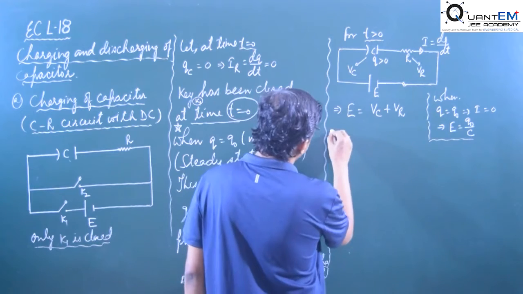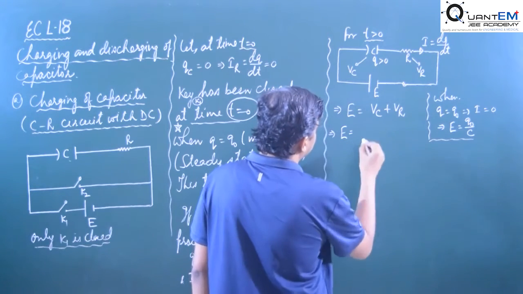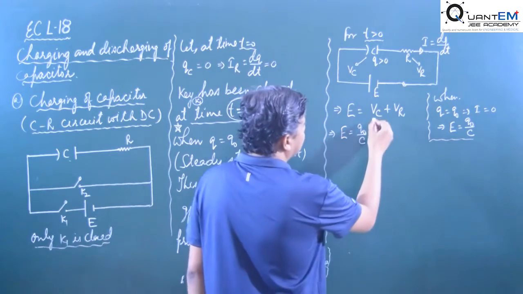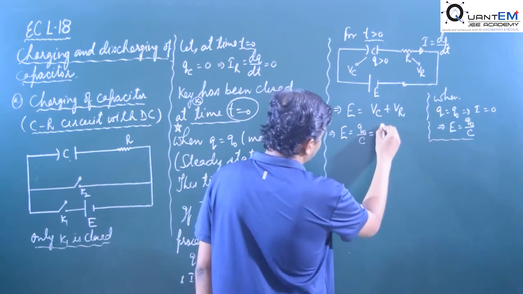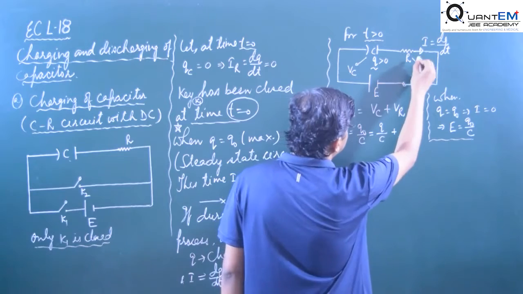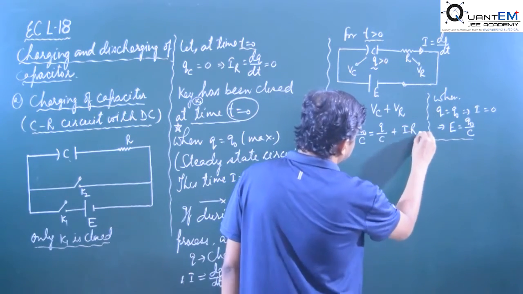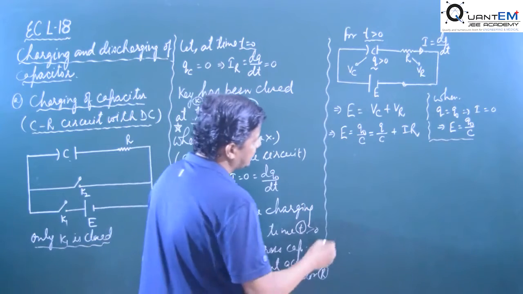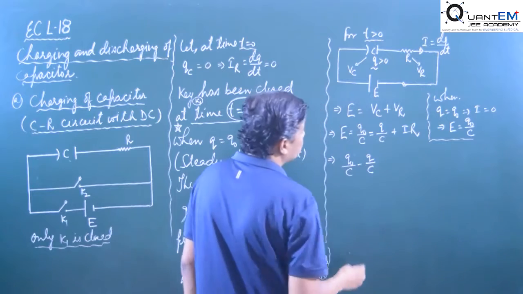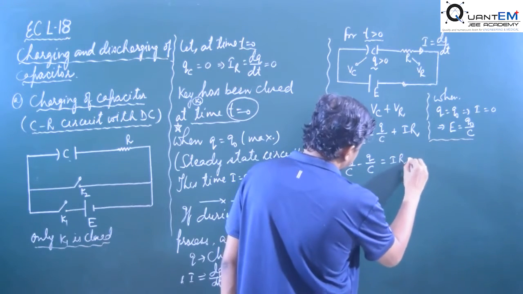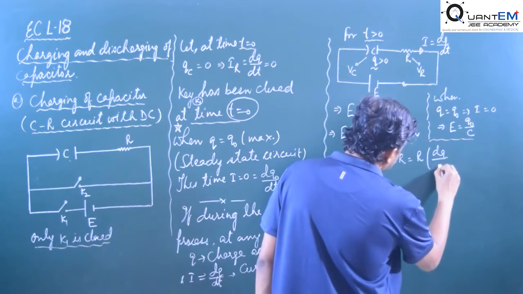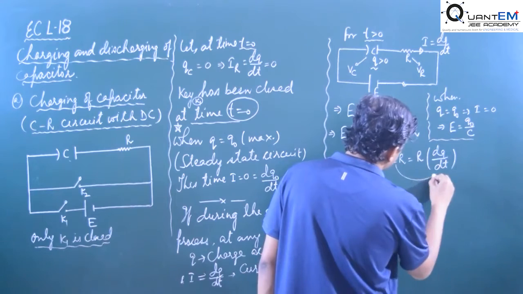Now you may write E is equal to Q naught by C. At any time t greater than 0, Vc is Q by C, where Q is the charge across the capacitor, and VR is current into resistance, IR. So Q naught by C minus Q by C is equal to IR, and in place of I you may write the rate of change in charge, dq by dt.